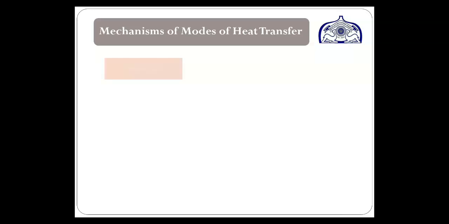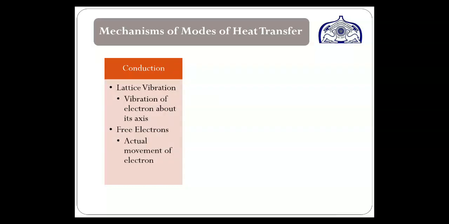Now first let us see conduction. Here the conduction mainly takes place due to two mechanisms. First is lattice vibration and second is free electrons. Now what is meant by lattice vibration? Lattice vibration is nothing but vibration of electrons about its axis. Whenever temperature increases, the vibration of the electron gets increased.